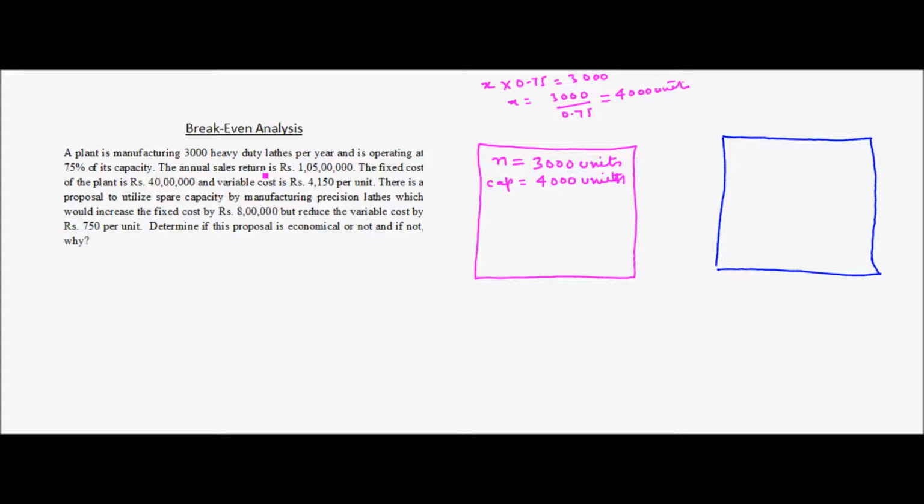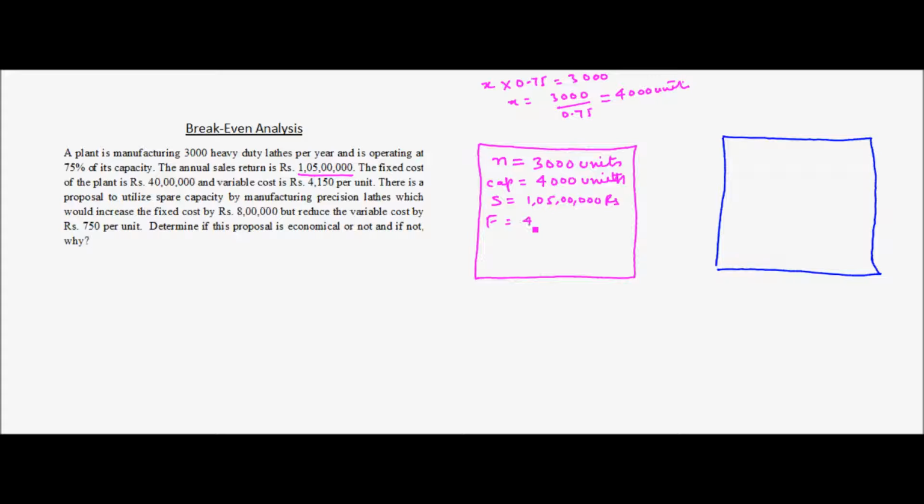Now the annual sales return is 1 crore 5 lakhs. So the sales is 1 crore 5 lakh rupees. The fixed cost of the plant is 40 lakh rupees. So let's say F represents fixed cost.